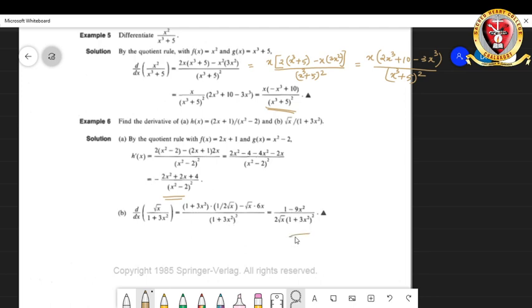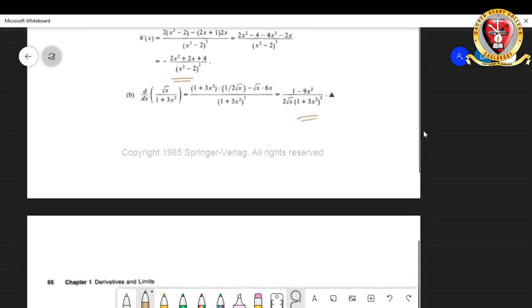And simplify, you get the answer to be equal to 1 minus 9x square divided by 2 root x into 1 plus 3x square the whole square.